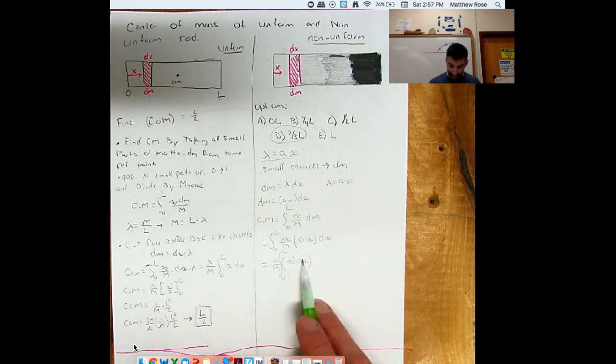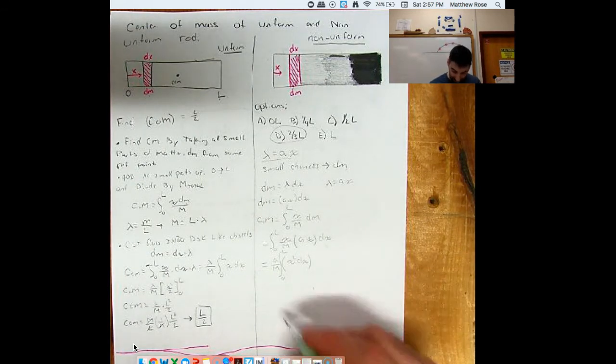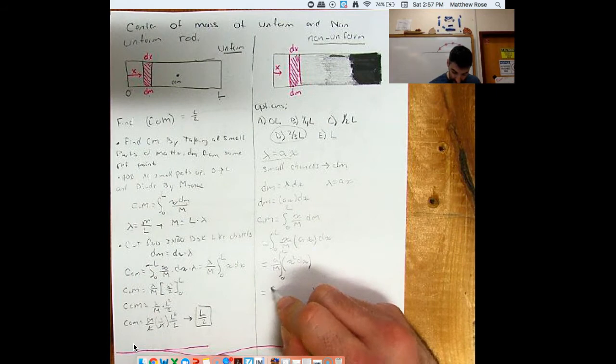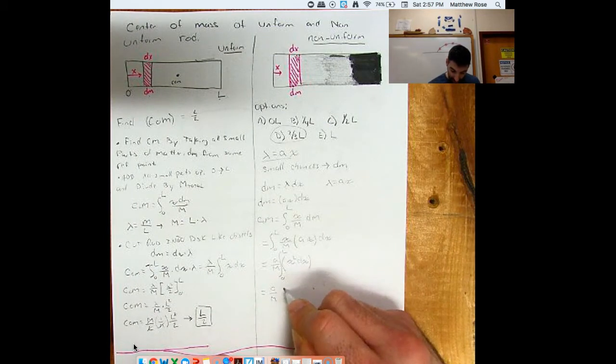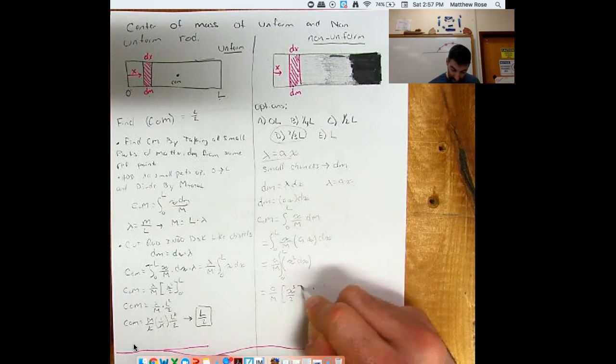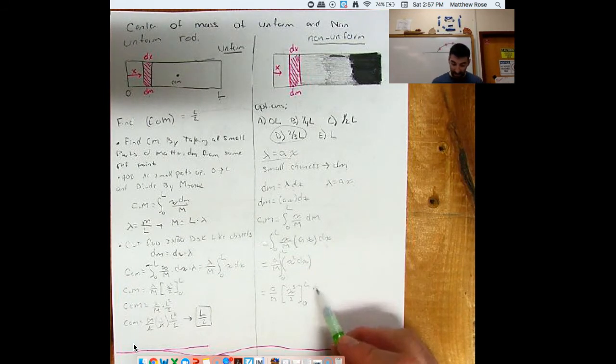Now I know I can take my antiderivative here. That's a simple antiderivative. That's going to be equal to a over m of x cubed over 3 from 0 to L. And just like before, 0 to L, my 0 is going to cancel out.